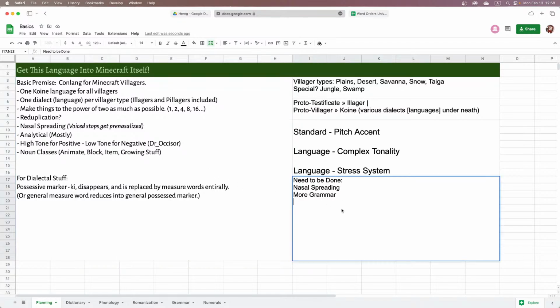That would also be fairly interesting. Adjectives, tenses, plus aspect, plus mood. Gonna have to figure out relative clauses, subordinate clauses.